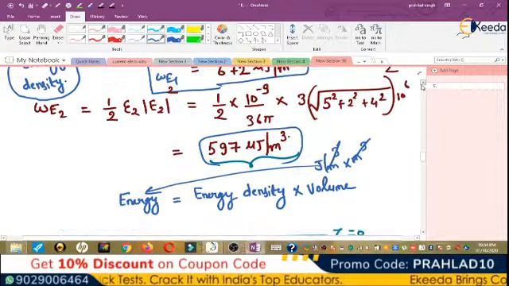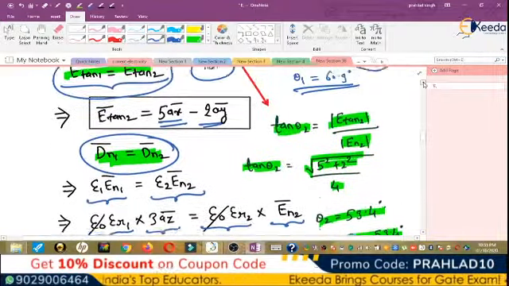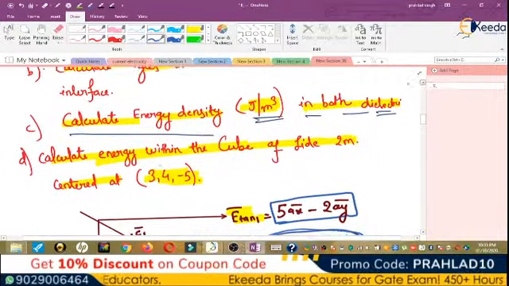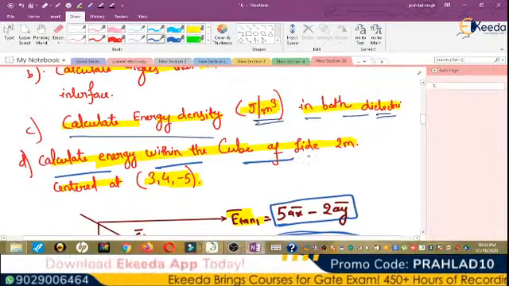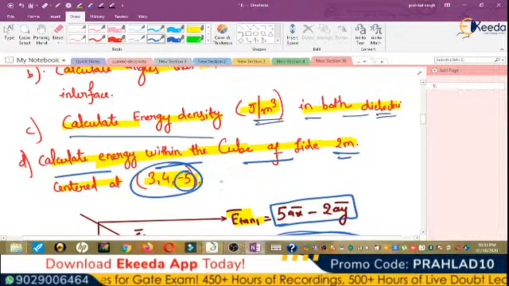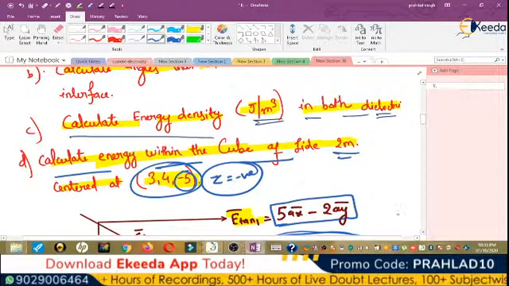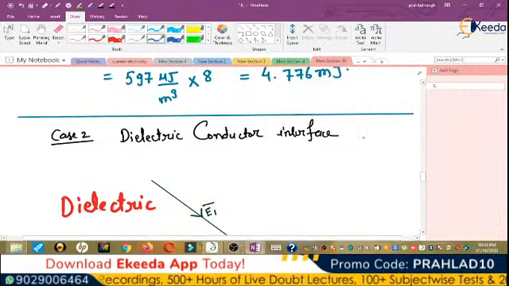So we are asked to find the energy within the cube. Just check here. Calculate the energy within the cube of side 2 meters, centered at 3, 4, minus 5. Here Z is negative. It means it is lying in medium number 2.